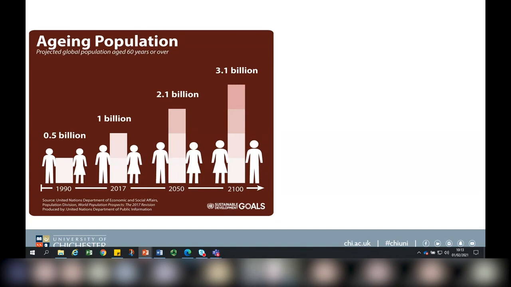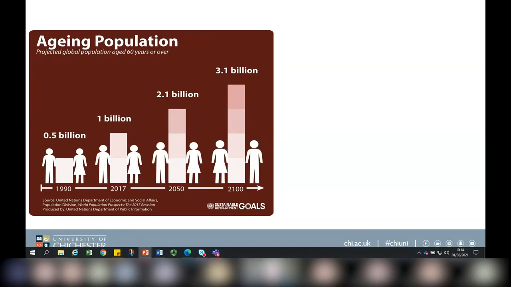What we're finding is that we've got a significantly older population. People are living longer. That's due to availability of food, availability of healthcare, and improvements in medication. So we're seeing a significant number of over 60s. That trend is going to continue on a global basis.